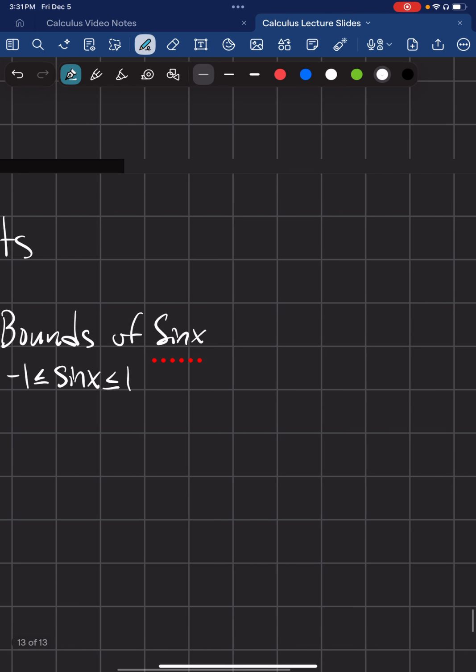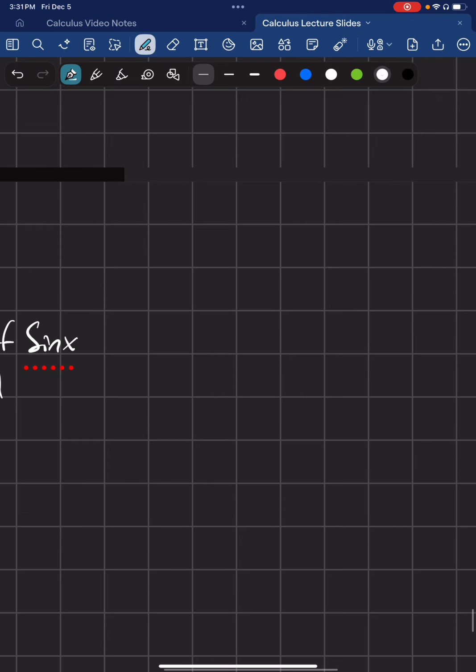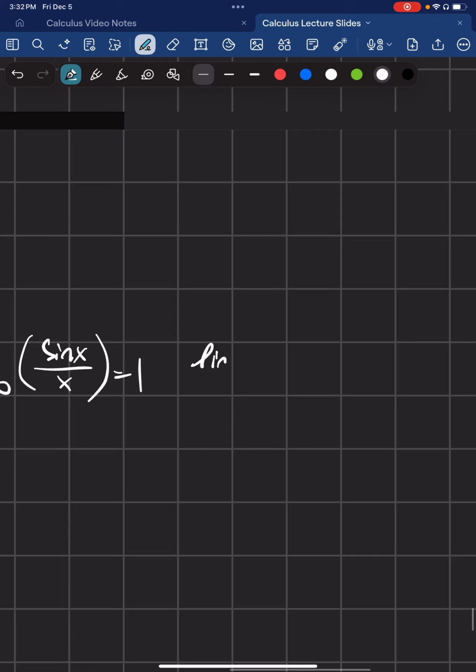Another thing we're going to need to know is that the limit as x approaches 0 of sine x over x is equal to 1, and that the limit as x approaches 0 of 1 minus cosine x over x is equal to 0.